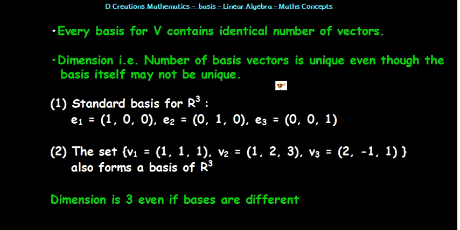So we have 2 results. Every basis for a vector space V contains an identical number of vectors, and the dimension, that is the number of basis vectors, is unique, even though the basis itself may not be unique. So this is the idea of dimension.